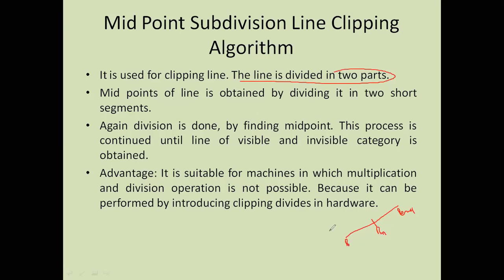So simply you will have the coordinate values x1, y1 for P naught, let's say, and you will have P end, that is x2, y2. So you can have this Pm midpoint as (x1 plus x2) divided by 2, comma, (y1 plus y2) divided by 2.